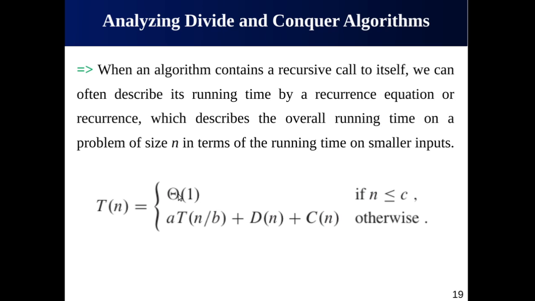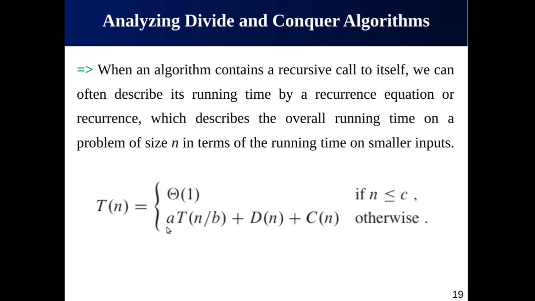So in summary, if the problem size is very small, for example less than or equal to some constant value, in that case our total running time is going to be equal to 1, and that is the base case. However, in other cases, we have to divide the problem into a subproblems.